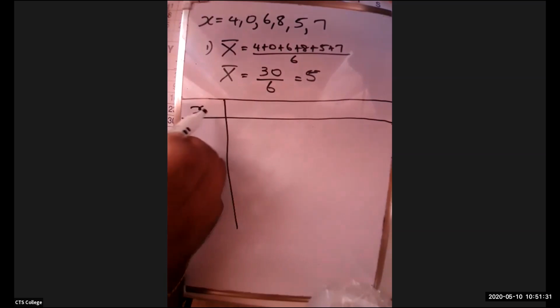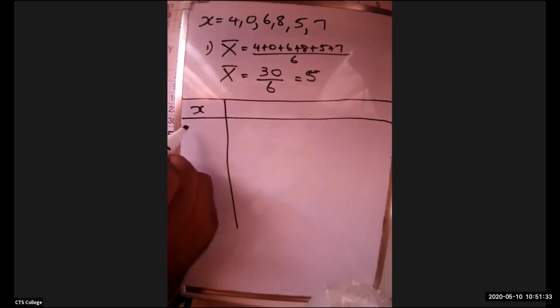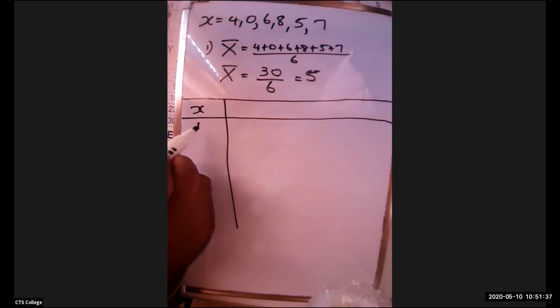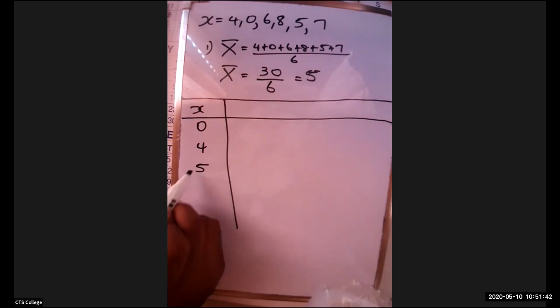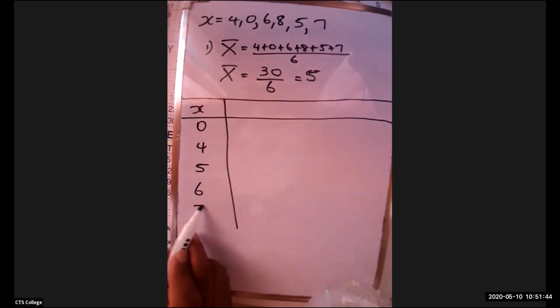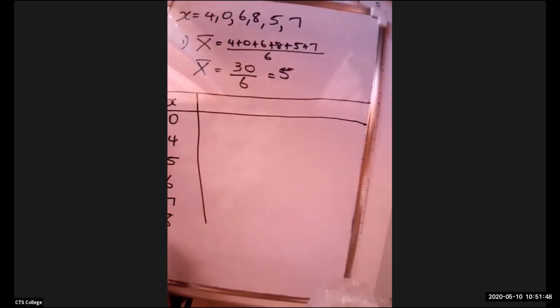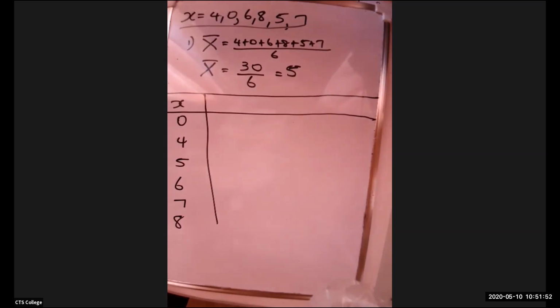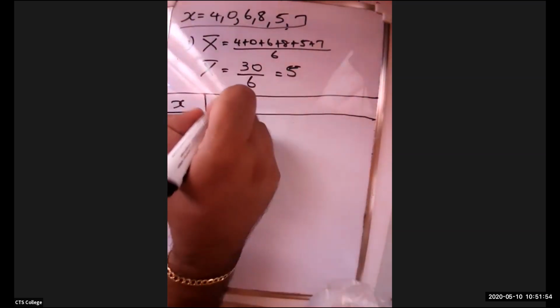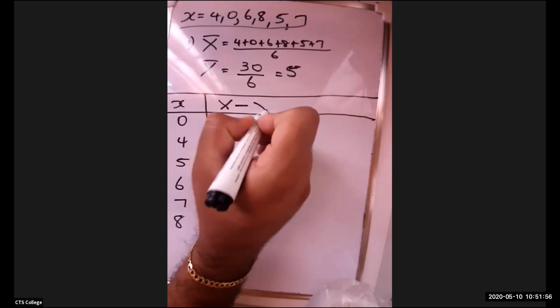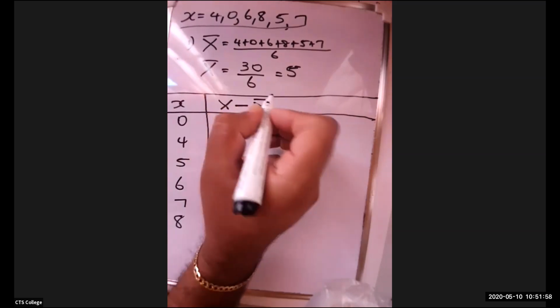So we have x here. Then we list our scores. We put them in ascending order, right? So 0, 4, 5, 6, 7, 8. These are our scores that we get from the top here. Now it's x take away the mean.